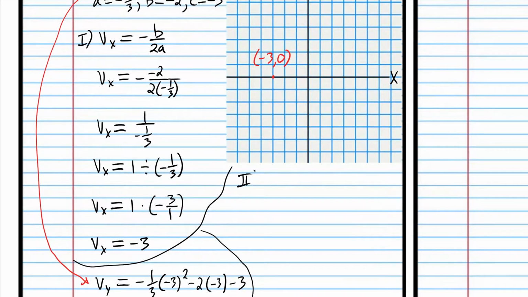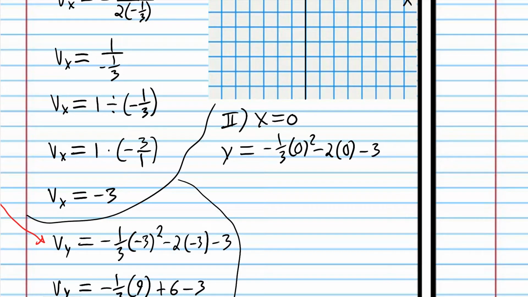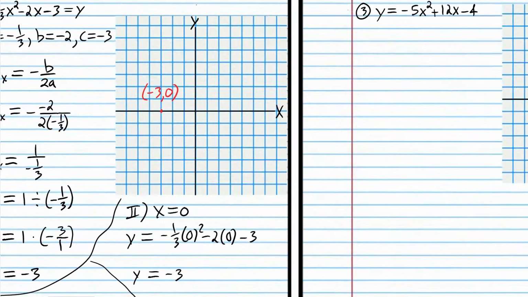So step 2, we're going to let x equal 0. And then y is equal to -1/3 times 0 squared minus 2 times 0 minus 3. And as you can see, it's just going to equal -3. So 0, -3, that's going to be here.